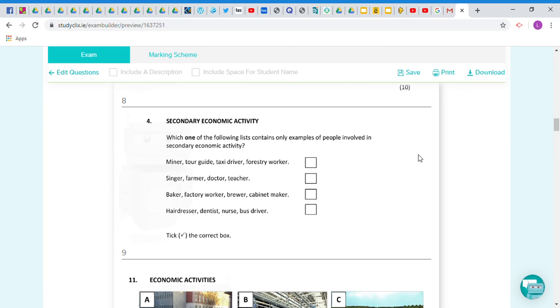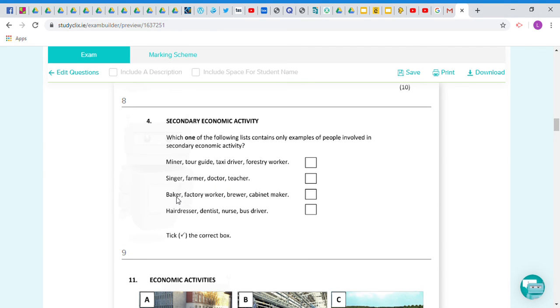Question 8, we're just going to go as far as question 10. Question 8, secondary economic activities. Which one of the following list contains only examples of people involved in secondary economic activities? So a miner is primary, tour guide is tertiary, taxi driver is tertiary, forestry worker is primary. Singer is tertiary, farmer is primary, doctor is tertiary, teacher is tertiary.